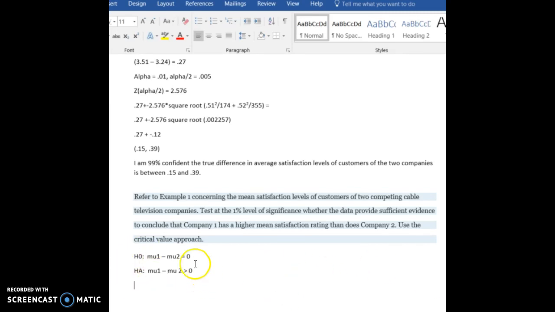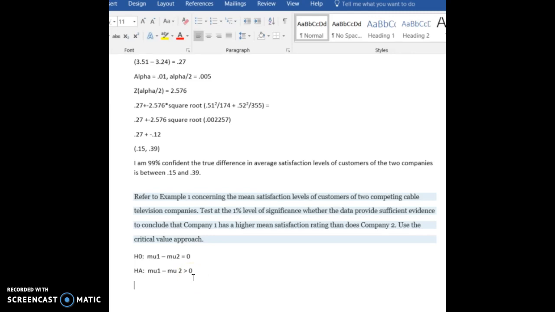Now let's notice this is a right-tailed test, so we're not going to have the same z of alpha that we had up here. So in this instance, we're going to look up 0.01. Now realize when we go to our StatTrak, 0.01 is going to be the area to the right, and on our StatTrak, it looks up areas to the left.